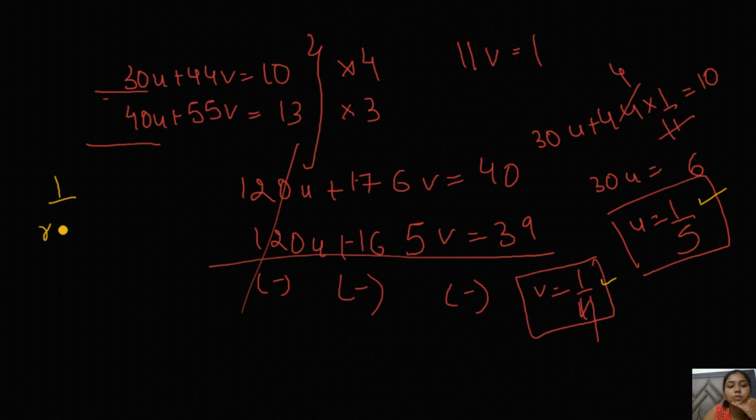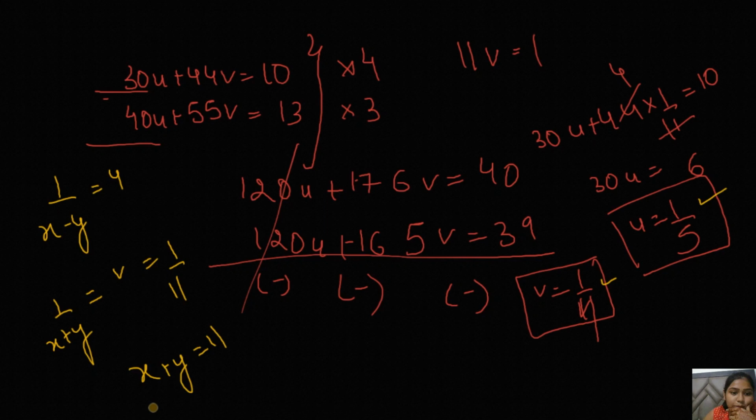So we have to solve it again, right? v is equals to 1 by 11, which means x plus y equals 11, and x minus y equals 5. When we solve it, we can simply add them, and we will be getting x equals 8 kilometers per hour.